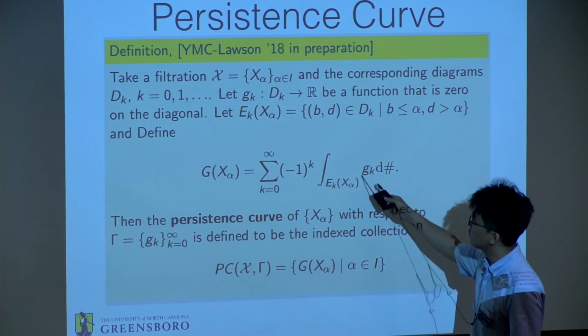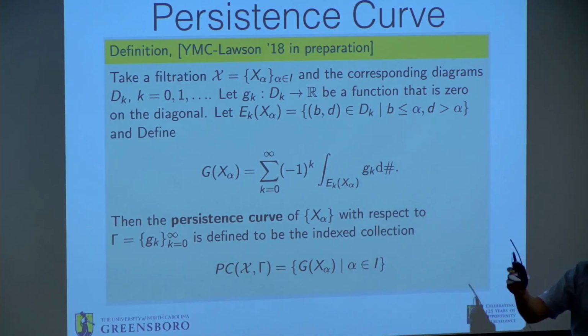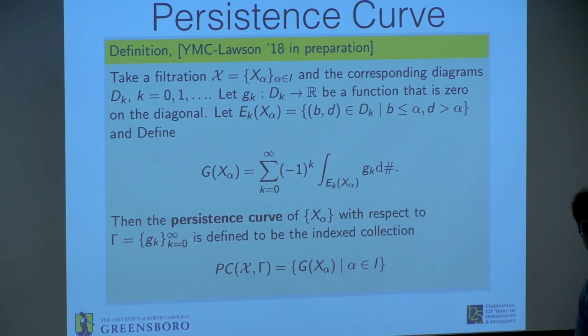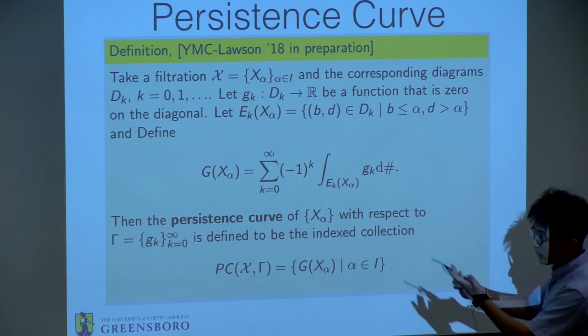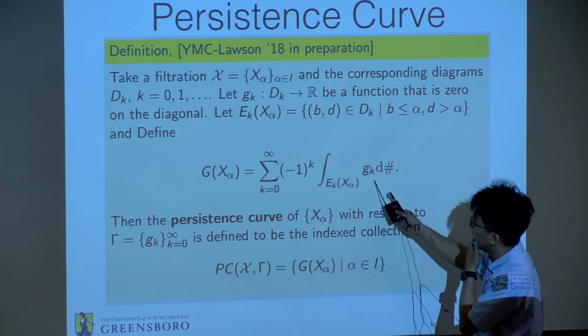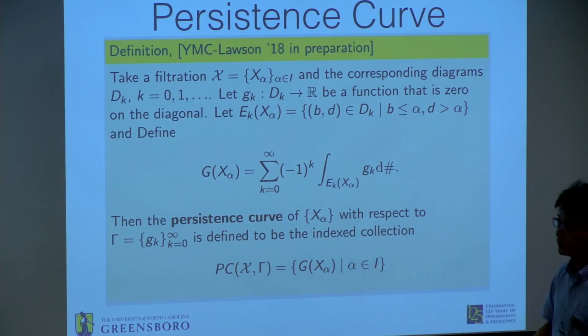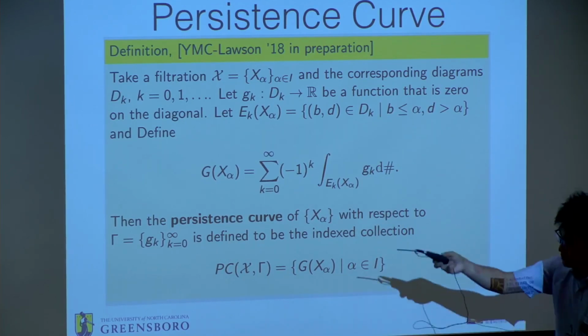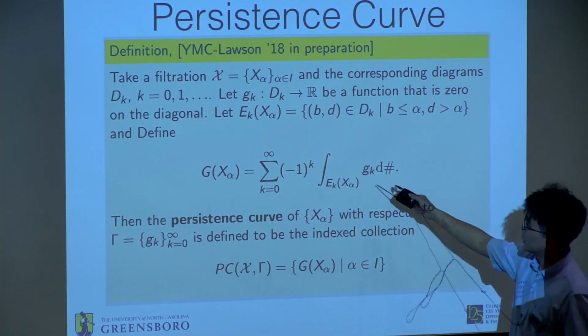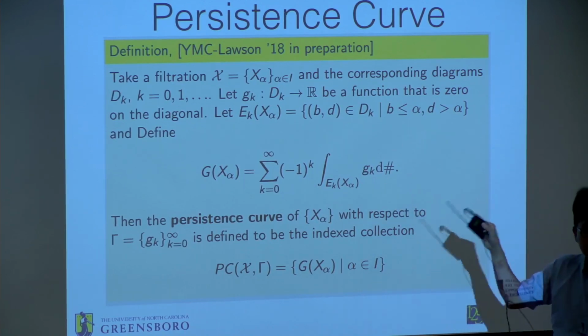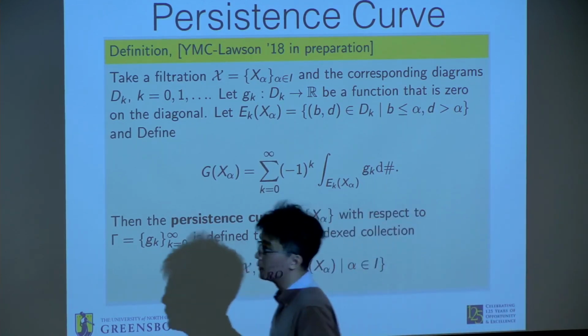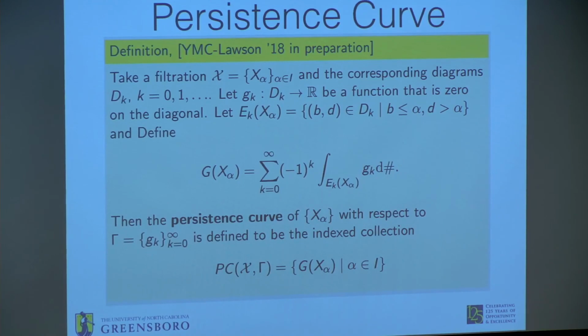If G is just a constant 1, then you recover the Euler characteristic. And here is what we're really trying to make the point about. You can do a lot of different functions here, some meaningful function from the persistent diagram. For instance, you can do the lifespan. G can be the death coordinate minus the birth coordinate. That will give you different information. Okay.